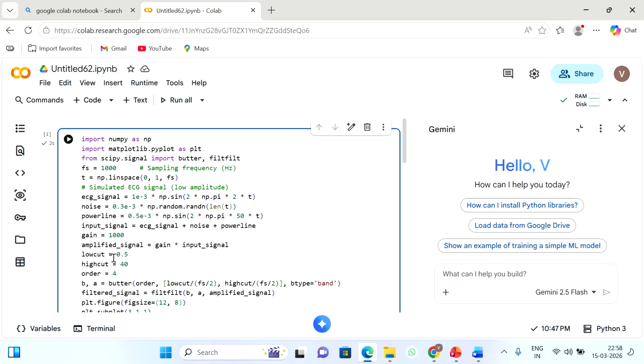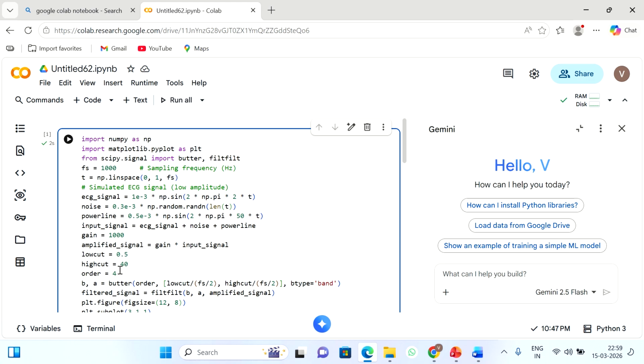So the frequency components below the lower cutoff frequency will be removed, and the frequency components higher than the higher cutoff frequency will also be removed. So both are called stop bands, and the frequencies lying in between 0.5 to 40 Hz will be allowed to enter the pass band. So they are called the pass band.